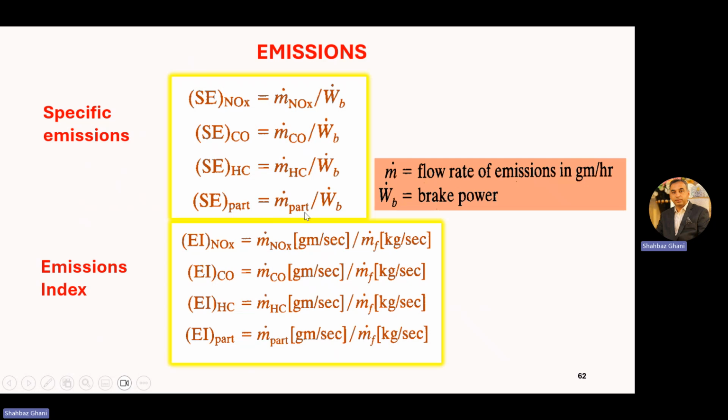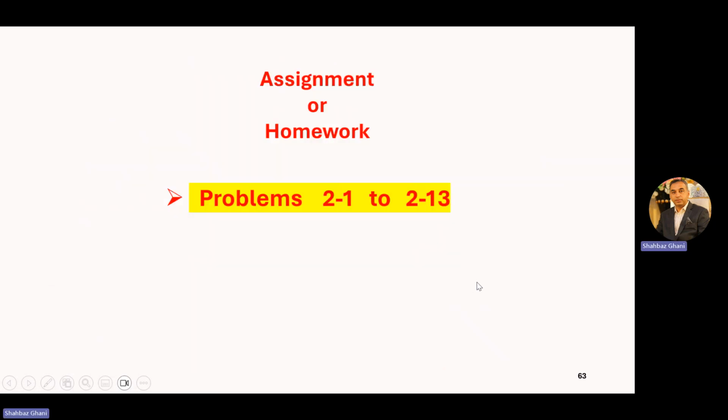And for particles, basically soot, the mass flow rate of the particles divided by the brake power. Now, in terms of emission index, for NOx we use the mass flow rate of NOx divided by the mass flow rate of the fuel. Similarly for carbon monoxide, hydrocarbons, and particles. So this comes to the end of chapter 2, operating characteristics.